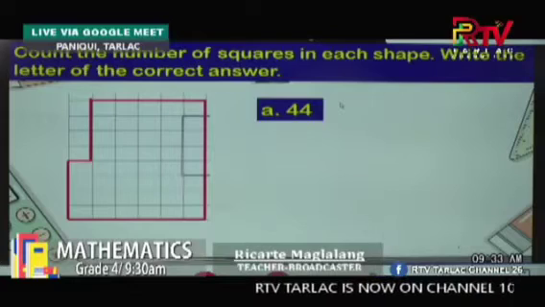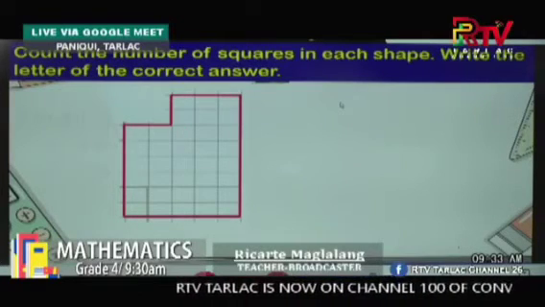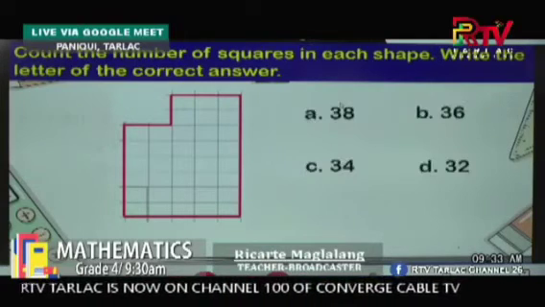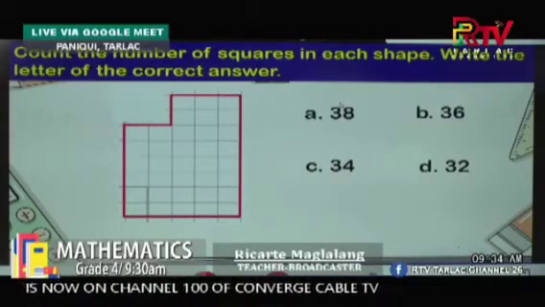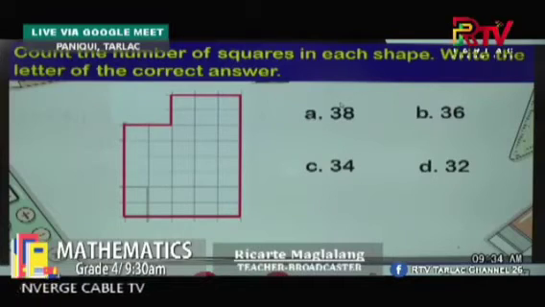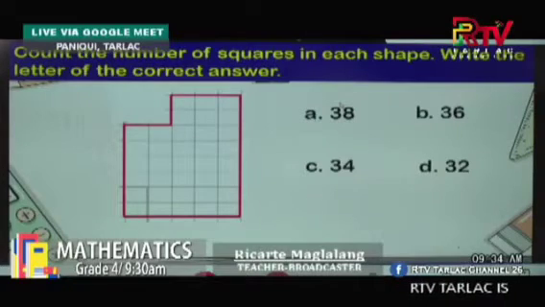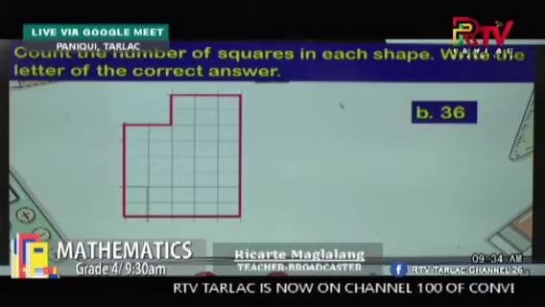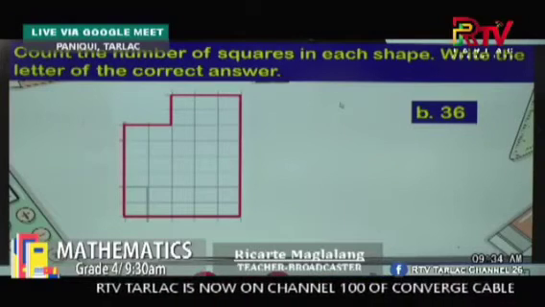And for figure 5, A, 38, B, 36, C, 34, D, 32. The correct answer is B, 36. How many did you get? I assume that most of you got 5 or 4. Am I correct? I hope so.